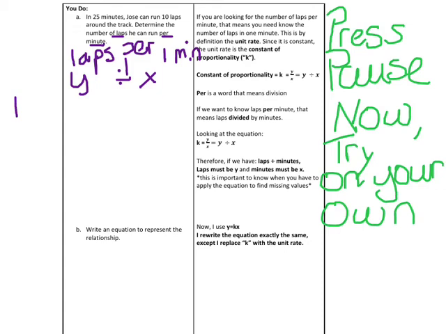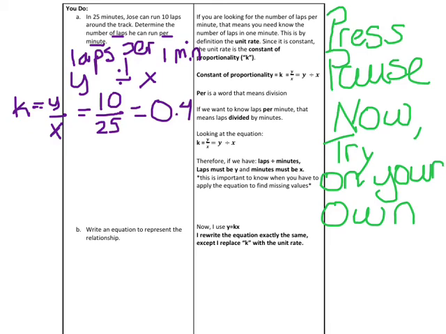My constant of proportionality is equal to y divided by x, which is 10 laps divided by 25 minutes. I know 10 divided by 25 is 0.4. You can also leave it as a fraction.